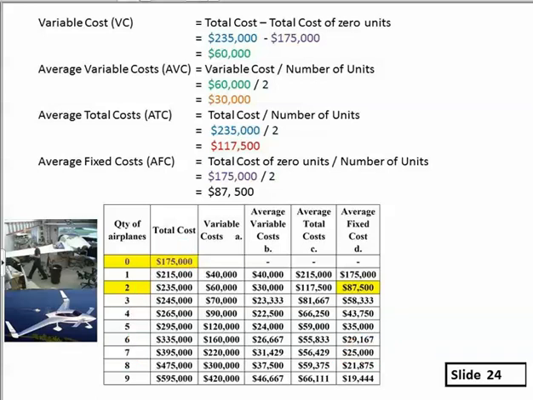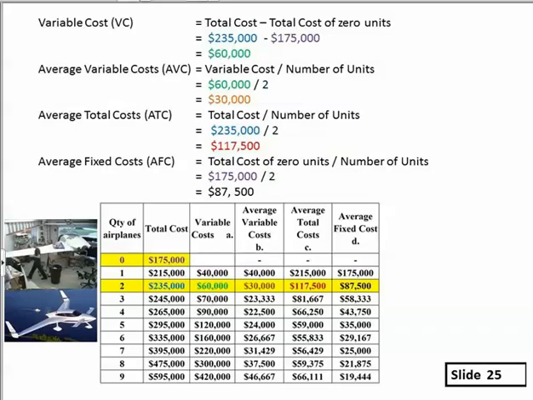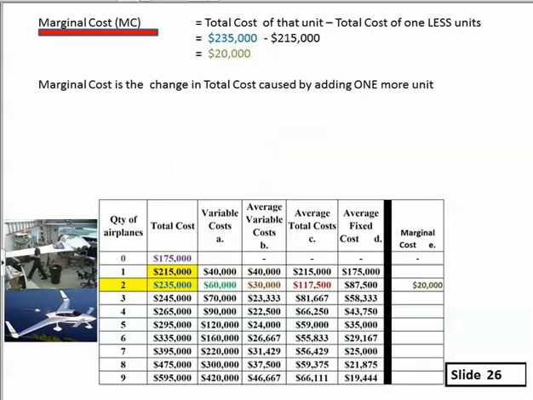And so we can compute all those numbers, fill them in, and we've got one more thing we want to look at, and that's marginal cost. Remember, I said marginal cost is a different animal, because what we're doing is taking the total cost of the unit that we're measuring and subtracting from it the total cost of one less unit. That gives us our answer if we are counting by ones.